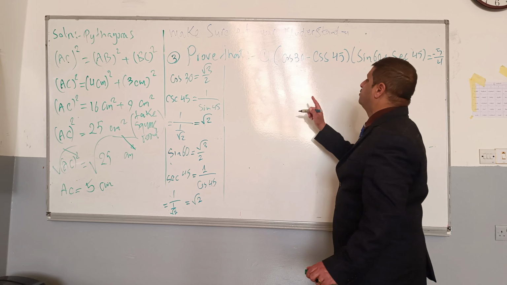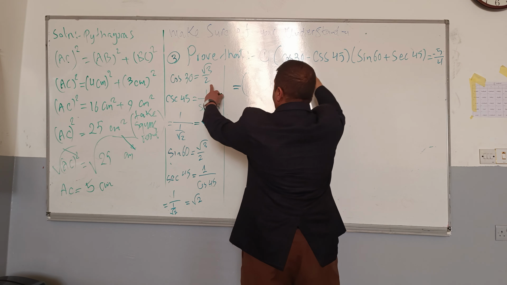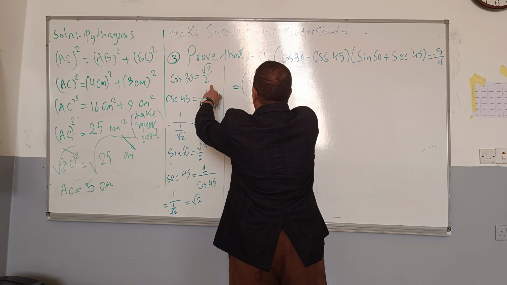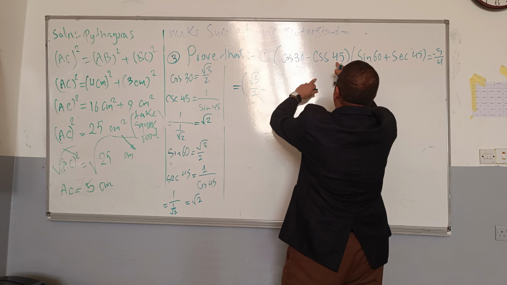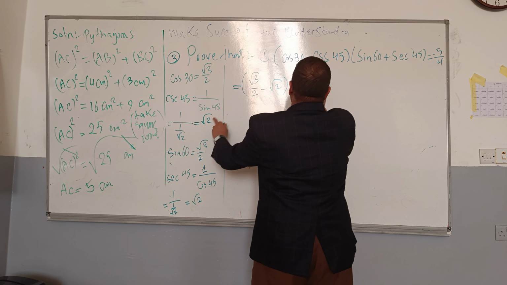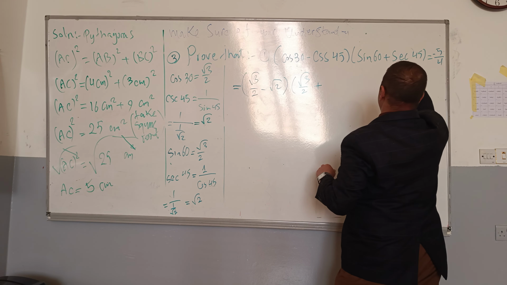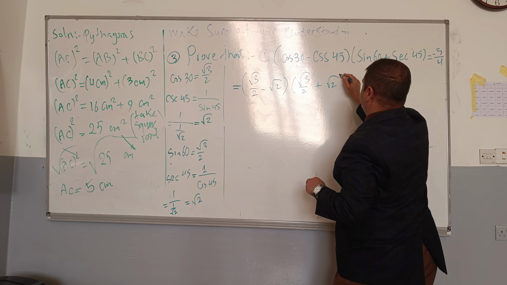Okay? Now, I will substitute. It equals cosine of 30, square root of 3 by 2, minus cosecant of 45, it is square root of 2, times sine of 60, also square root of 3 by 2, plus secant of 45, it is square root of 2.